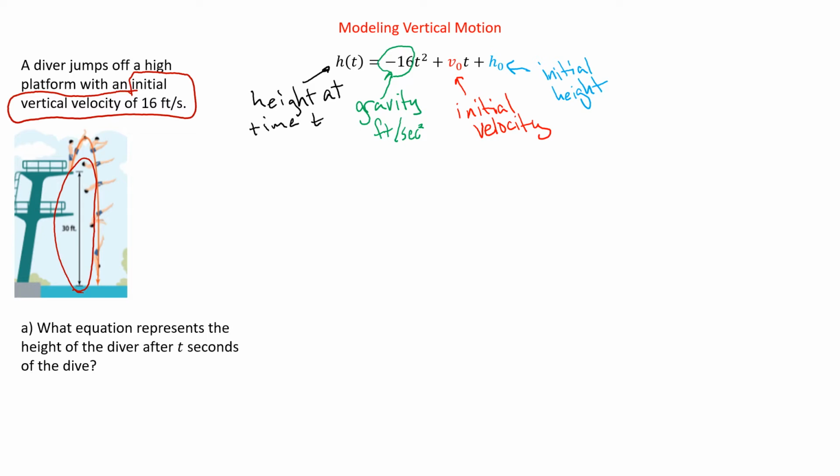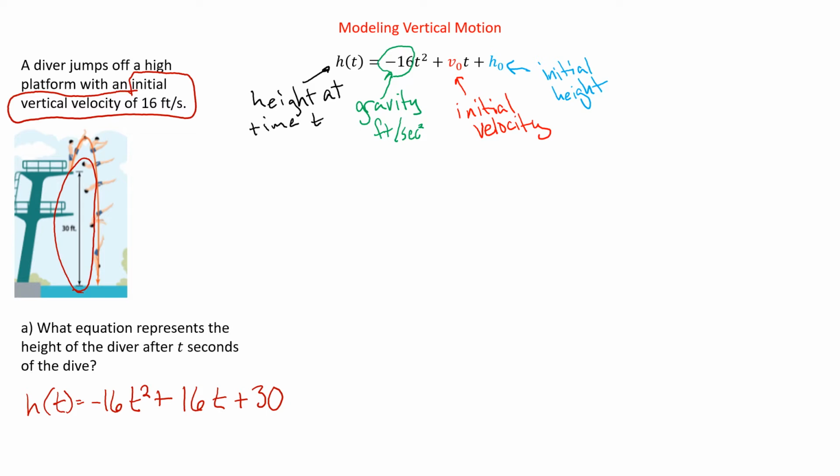We just need to plug those in. H of t equals negative 16t squared plus the initial velocity was 16t, and then the initial height was 30 feet, so plus 30. Now the initial velocity does have to be in feet per second, and the initial height does have to be in feet, because this negative 16 is using feet in seconds.